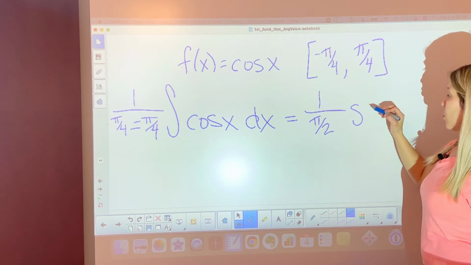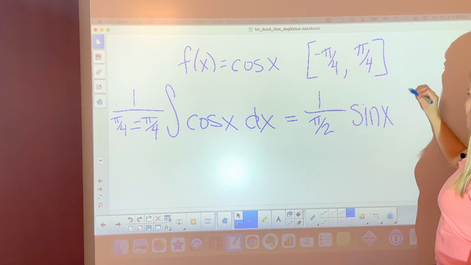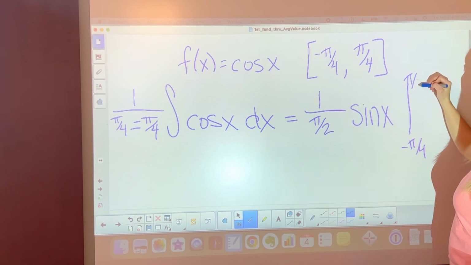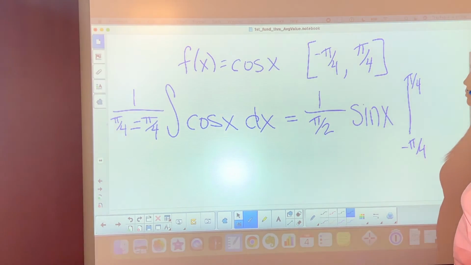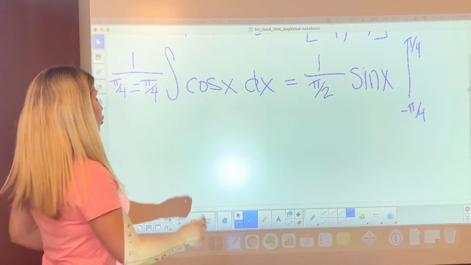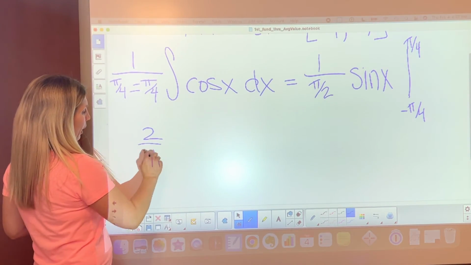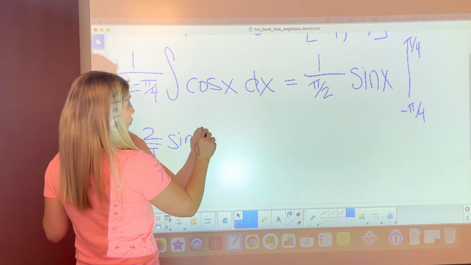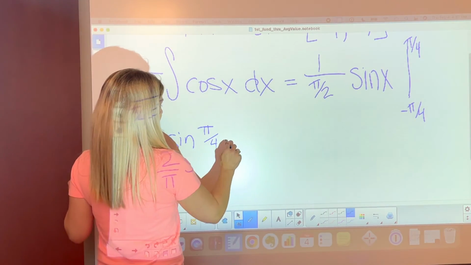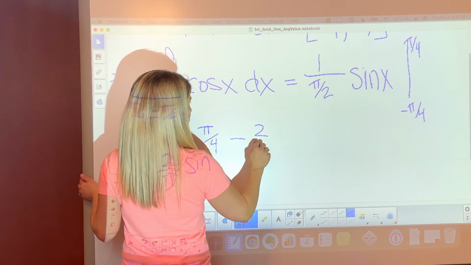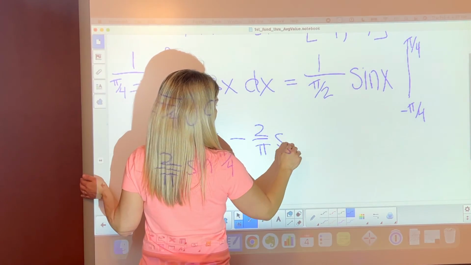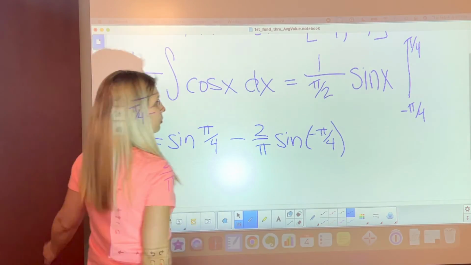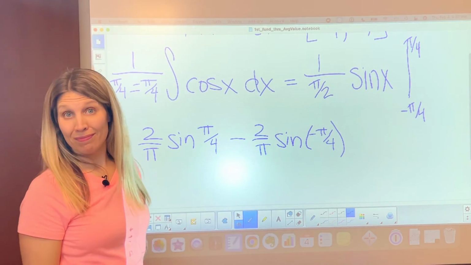When you integrate cosine, you get sine x evaluated from negative pi over 4 to pi over 4. So the first thing we're going to do is flip that fraction. So you're going to have 2 over pi, right? Sine of pi over 4 minus 2 over pi of sine of negative pi over 4. Hopefully you know what that means.